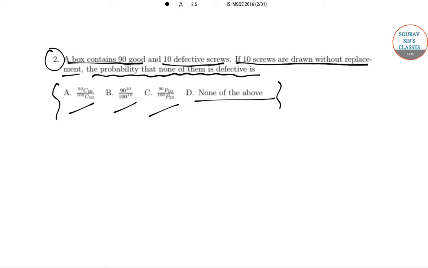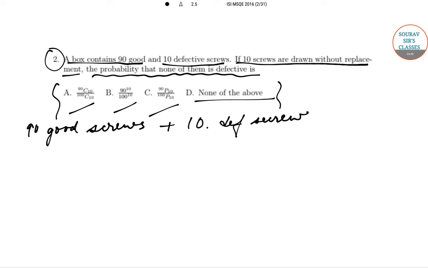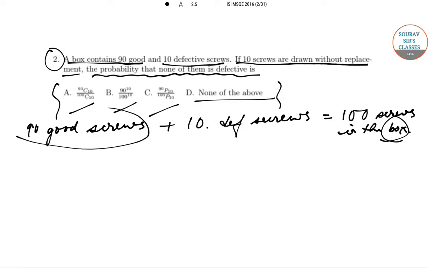So basically in a box there are 90 good screws plus 10 defective screws. So in total there are 100 screws in the box. Now if 10 screws are drawn at random from this box, the probability that none of the screws is defective can only happen if the 10 screws are taken out from the 90 good screws.